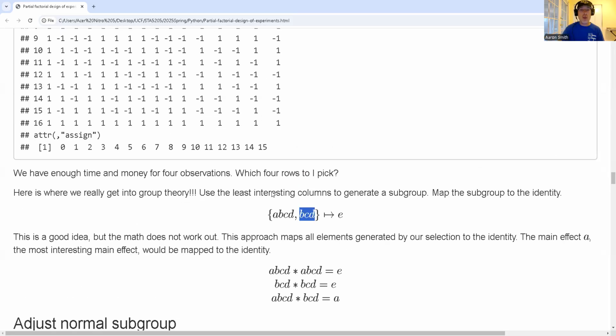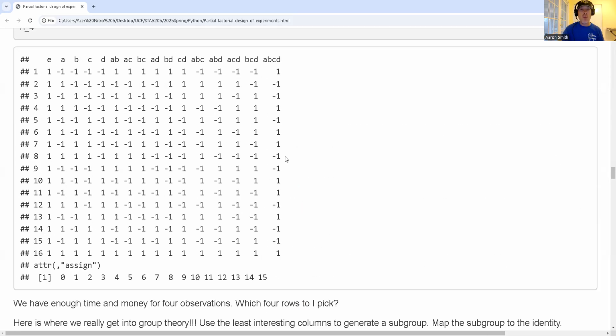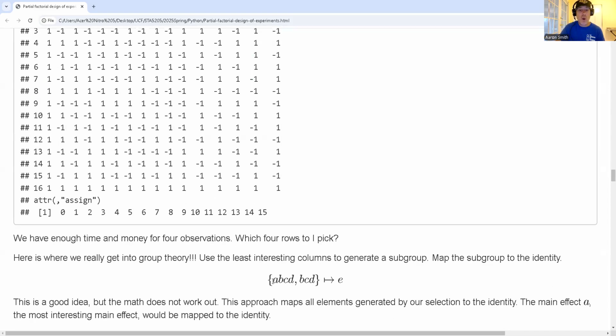It'd be very reasonable to say ABC, not that important. BCD, not that important. I put these to the right. 3-way interactions are not as important as main effects or 2-way interactions. And this is the 3-way interaction without the A. A is the most important main effect. It'd be very reasonable to think this would be a good partial factorial design.